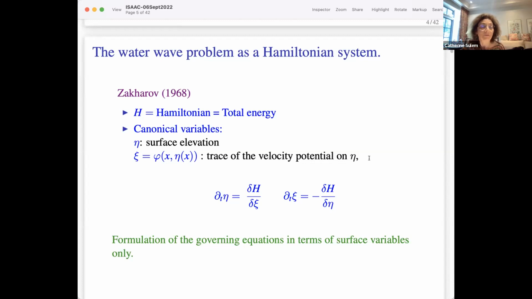In the same very short paper of '68, Zakharov derived also the NLS equation for the amplitude. This formulation allows to translate the original water wave problem into a problem where the only variables are surface variables, eta, the surface elevation, and the trace of the velocity potential.